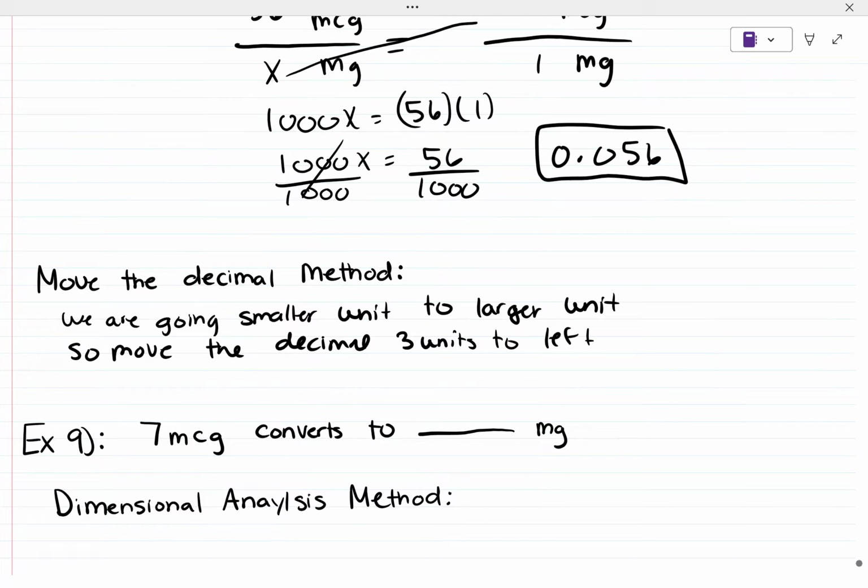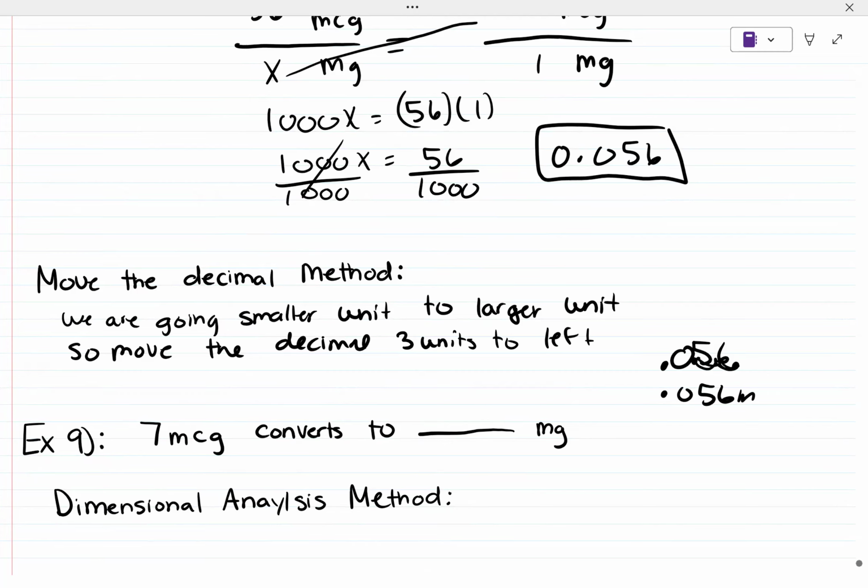Okay, so we were given 56. Where's the decimal? It's right here. So we move that decimal 3 units to the left, so 1, 2, and then 0, then dot. Okay, so your final answer is going to be 0.056 mg.